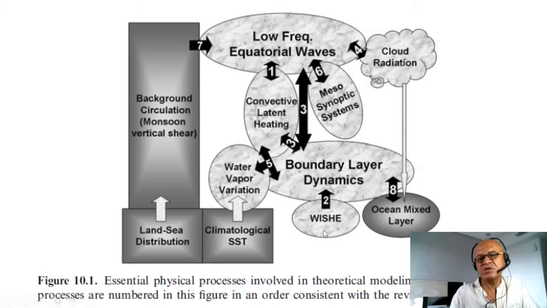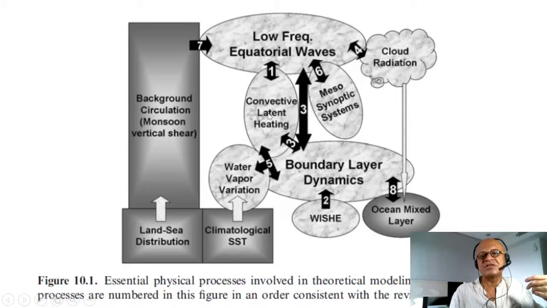And things like wind-induced surface heat exchange, ocean mixed layer dynamics, which we will look at, feedbacks with cloud radiation, mesosynoptic systems, so you have the 10 to 20 day kind of time scales, and higher frequency 3 to 10 day kind of low pressure systems as well.